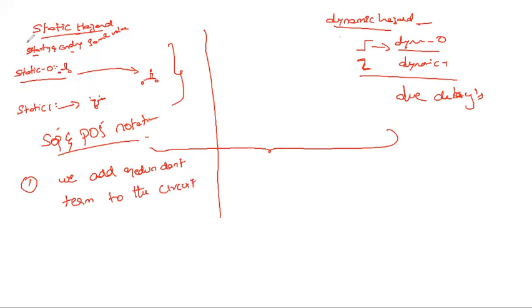For dynamic hazards, we also use delay circuits at the inputs, so that the error will be reduced.